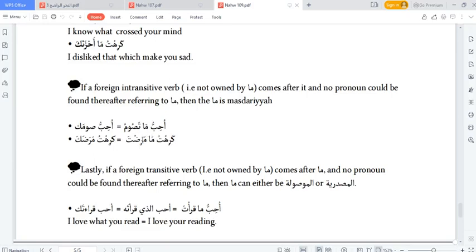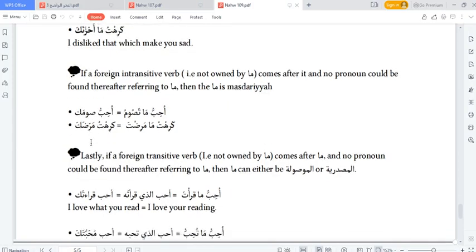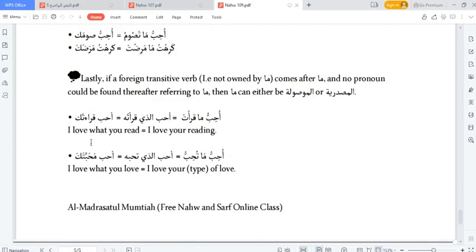So this is ma al-masdariya, because both of them will give us masdar mu'awwal. It will be: I dislike that you are sick, which can be said karihtu maradak, I dislike your sickness, I dislike you being sick. So that's another thing to note.